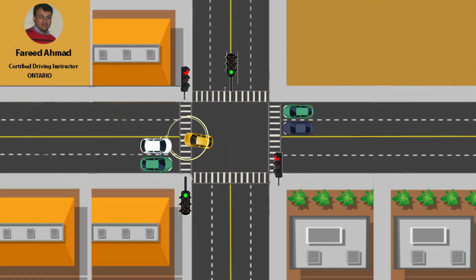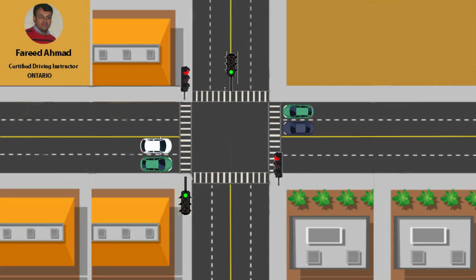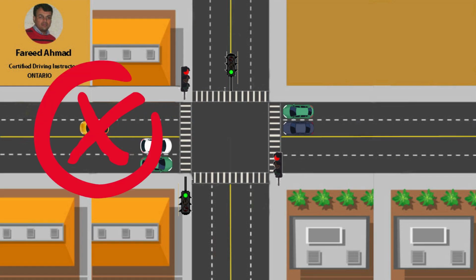You can hit the left median or might turn into the wrong lane. Opposite to that, if you take the left turn after proceeding further ahead from the middle of the intersection, this can be considered a wide turn and you might turn into the wrong lane.